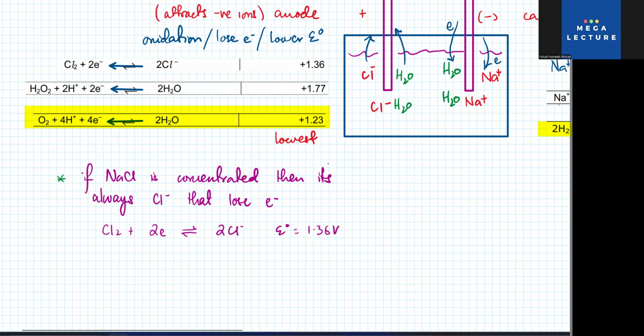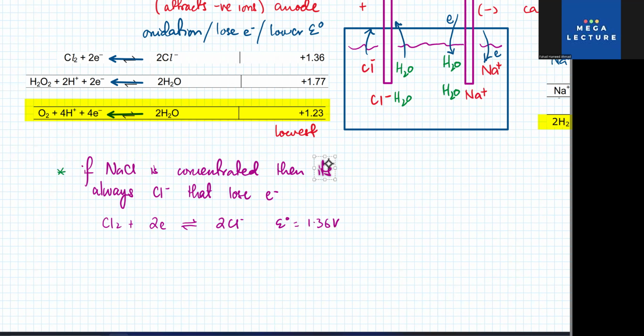So if Cl is concentrated, the equilibrium would shift to the left. If you make it too concentrated, according to Le Chatelier's principle, the equilibrium will try to make it less concentrated, and the equilibrium shifts to the left and produces more electrons.